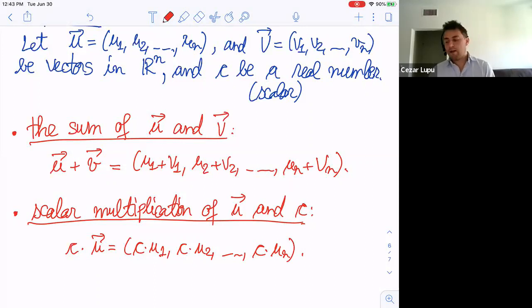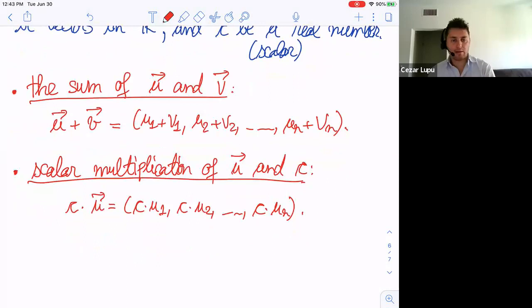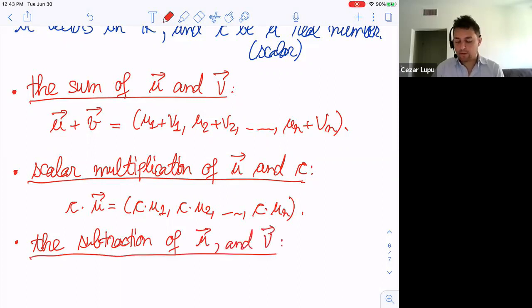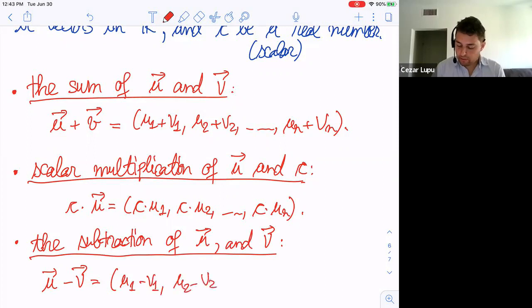Well, as you can imagine, as in R2 or in the 2 space, we can define the negative vector, and therefore we can define the subtraction. So the subtraction of two vectors U and V, as you can imagine, is U vector minus V vector, which is U1 minus V1, U2 minus V2, and we go all the way to Un minus Vn.